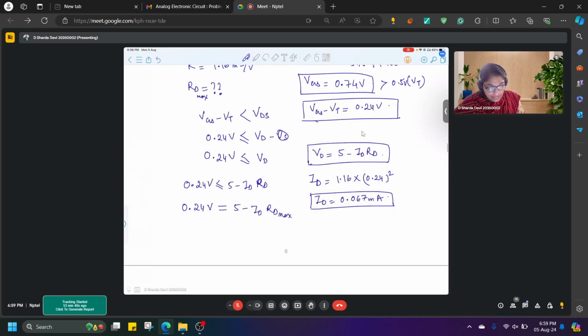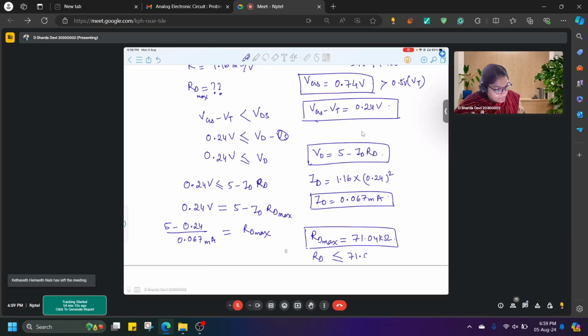Correct? So simply (5 minus 0.24) by 0.067 milliamps will give you RD max. So RD max turns out to be 71.04 kilo ohm, and RD should always be less than or equal to 71.04 kilo ohm.